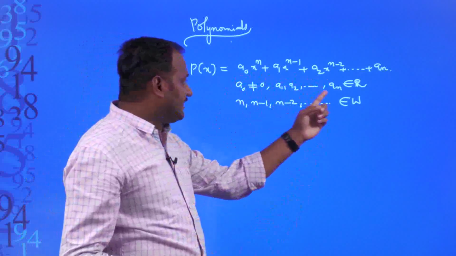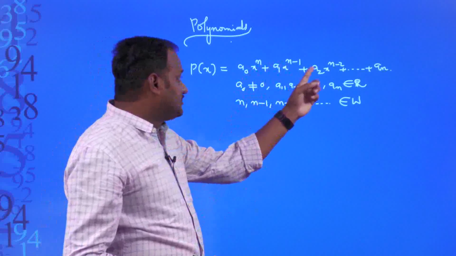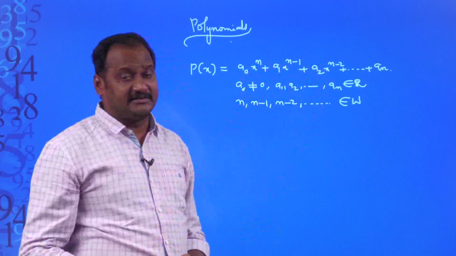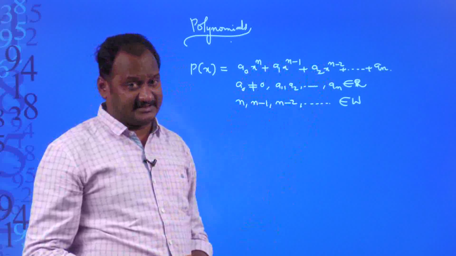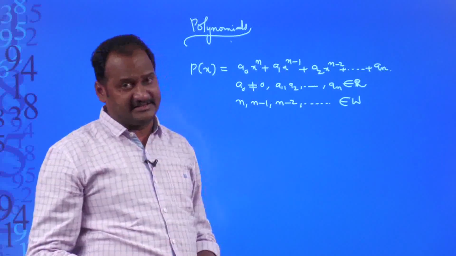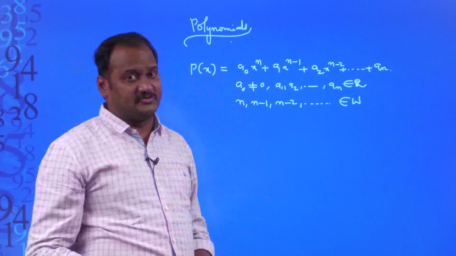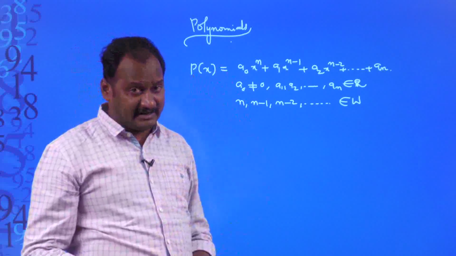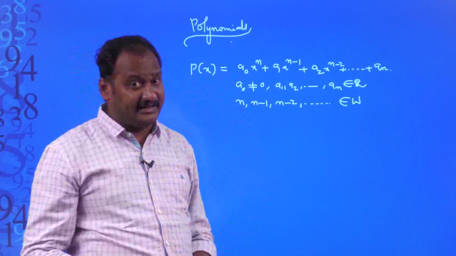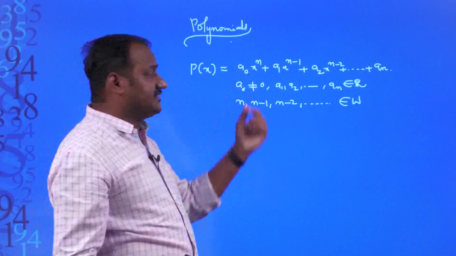All coefficients are real numbers, and n, n minus 1, n minus 2 and so on are various powers of x. These powers of x are non-negative integers. Then this algebraic expression is said to be a real polynomial, where a0 is not equal to 0.